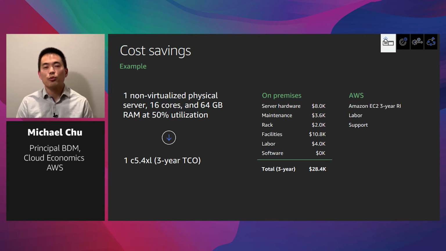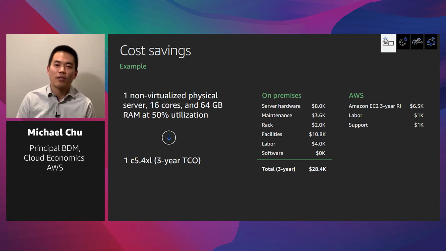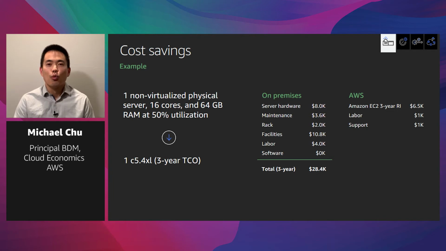The cost categories we have to consider are the costs of EC2 over a 3-year period, labor, and support costs. The 3-year RI for this particular instance is 6.5K. We're assuming higher efficiency for labor managing EC2 instances versus a physical box, of 4X.